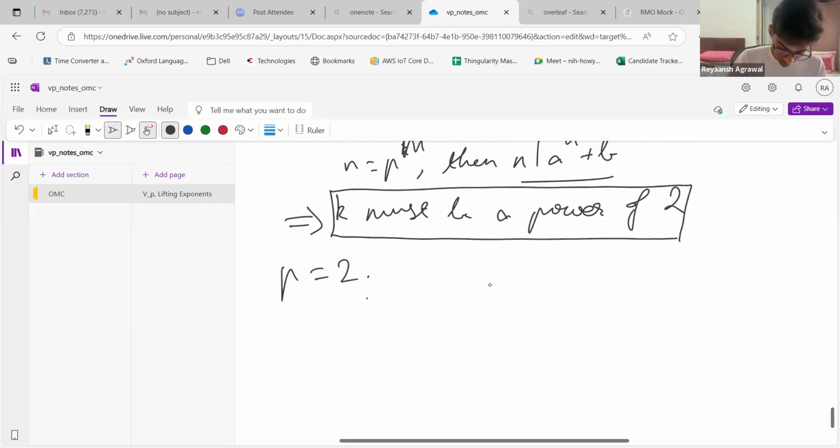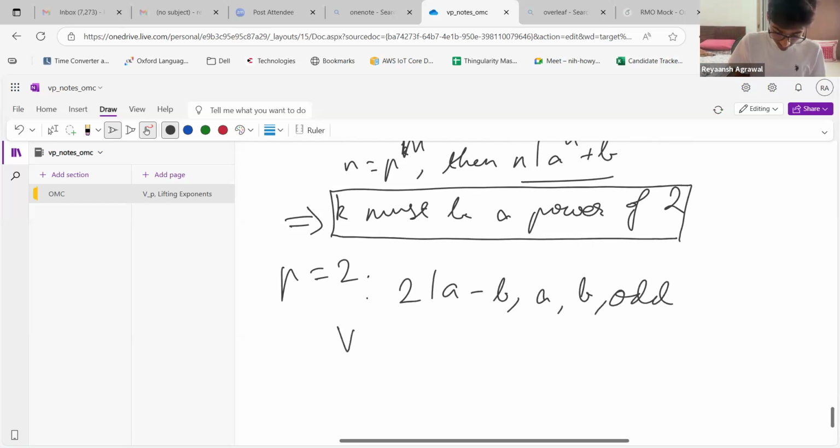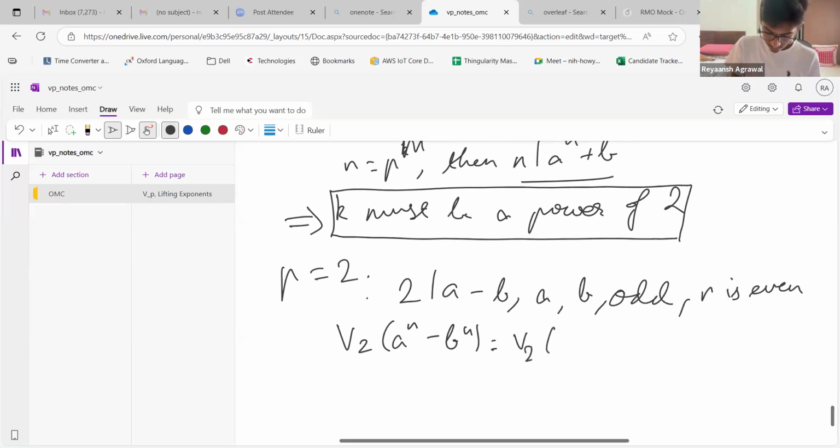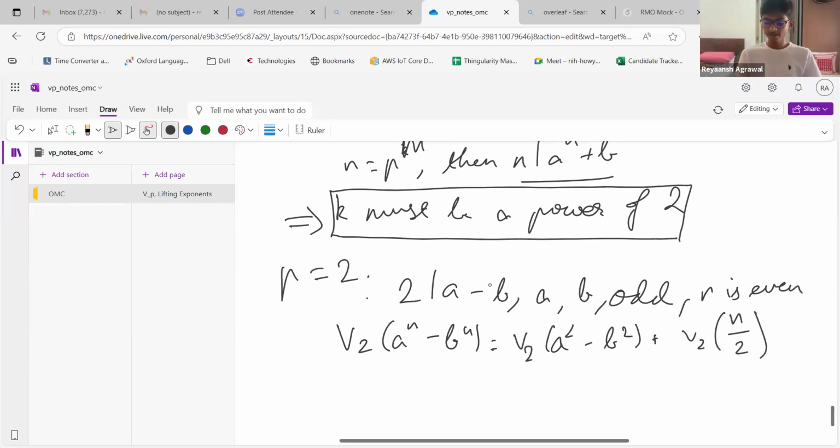Essentially, the statement is that if 2 divides a minus b and a, b are odd, and also n is even, then V2 of a to the power n minus b to the power n is equal to V2 of a square minus b square plus V2 of n by 2. This is also not very hard to prove. It's just like the proof for LTE when p is odd. This is also going in your P set.